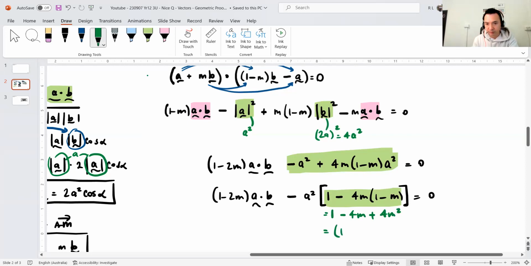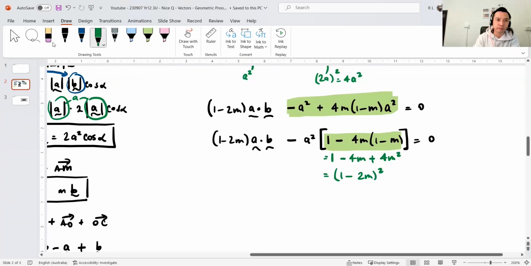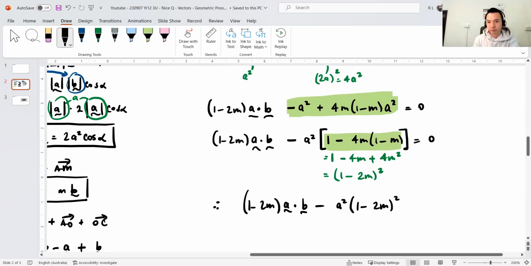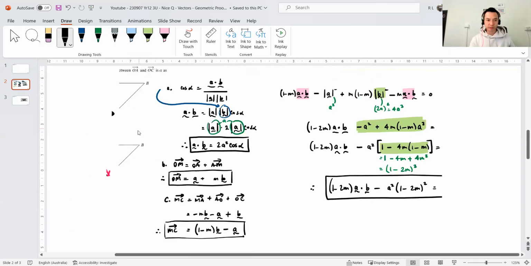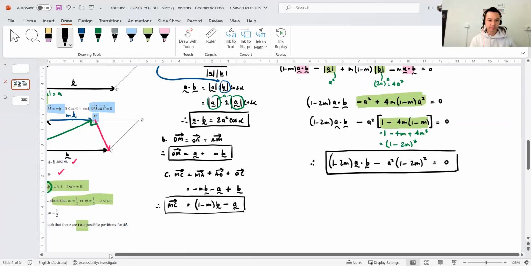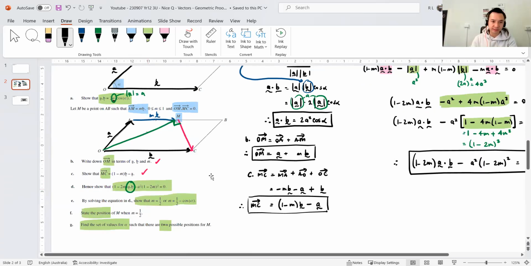So that equals 1 minus 2m all squared. Exactly what I want. Therefore, 1 minus 2m A dot B minus A squared. That's what I want. Nice. Quick look. Yeah. Perfect. Yeah, exactly what I want there.